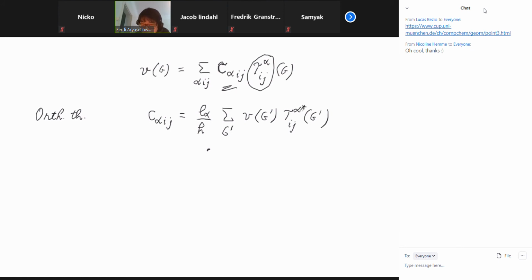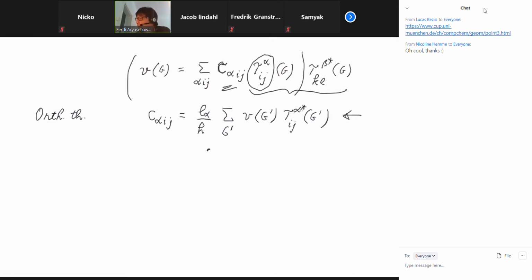I multiply both sides by, let's say, beta, and then I use the orthogonality theorem for this. Maybe I sum over the g's, and this is what I get. Is that clear?